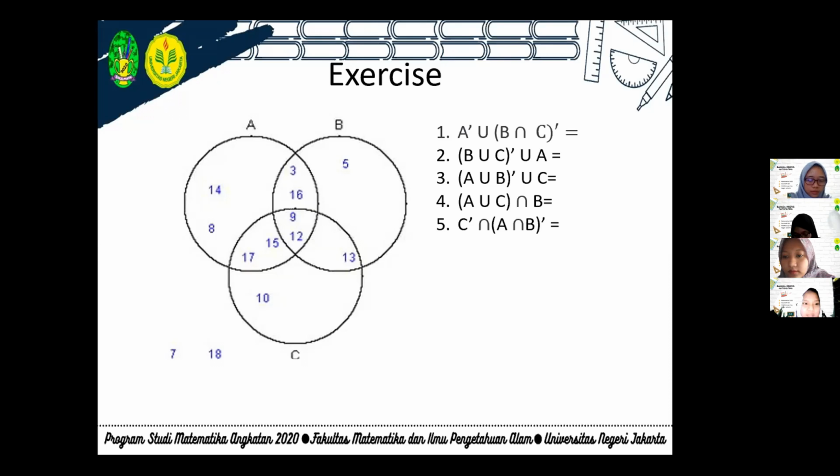Can I answer number 1? Yes, of course. The answer is 3, 5, 7, 8, 10, 13, 15, 16, 17, 18. I'm sorry, could you repeat your answer? 3, 5, 7, 8, 10, 13, 15, 16, 17, 18.